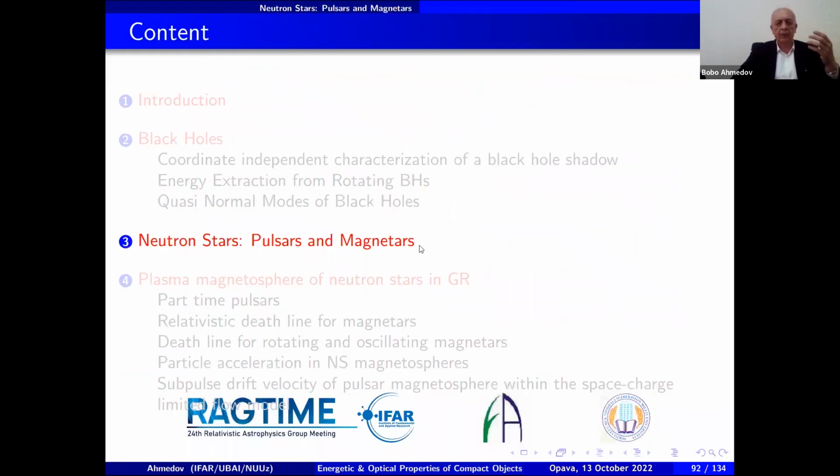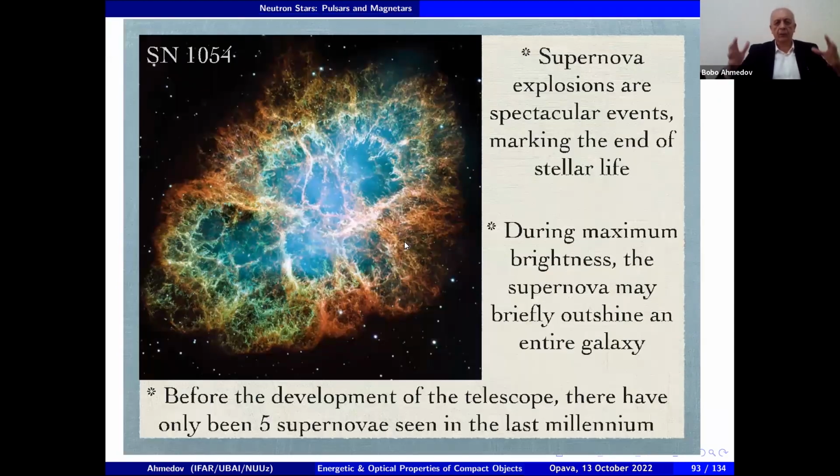So it is very good to distinguish the regular black hole from the standard black hole.